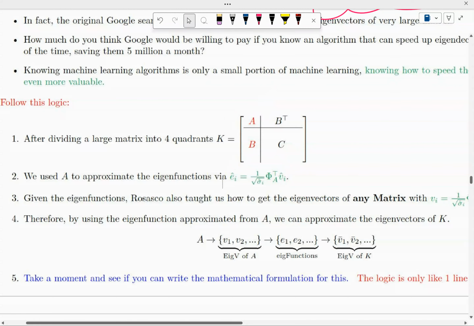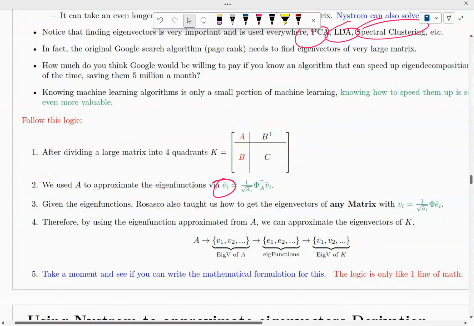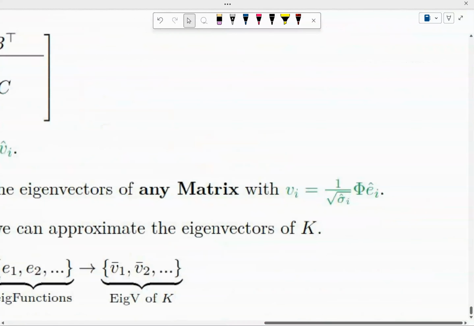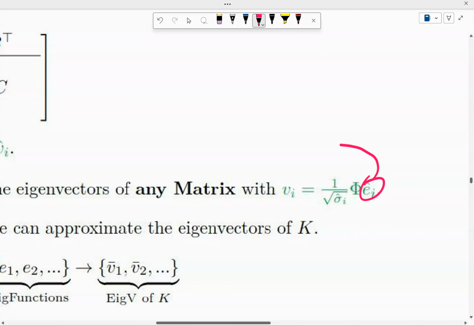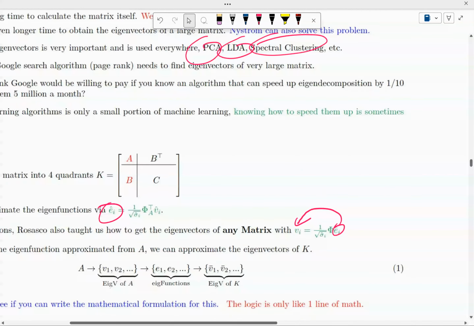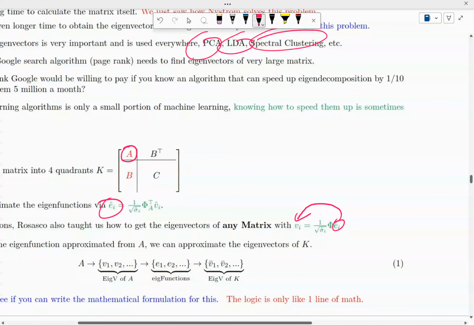So if we know the eigenfunctions, the second part of Rosasco tells us we can get the eigenvectors back. So if we can get the eigenvectors of A, we can get the eigenfunctions of K, approximately.